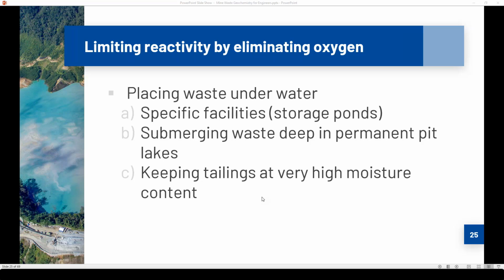This can happen either in specific facilities, so custom designed storage ponds where we place this waste, or where we replace mine waste deep in a permanent pit lake with sufficient cover of water, or where we keep the tailings at a high enough moisture content so that the oxygen cannot be transported readily to react with those sulfide minerals and generate the reaction products.